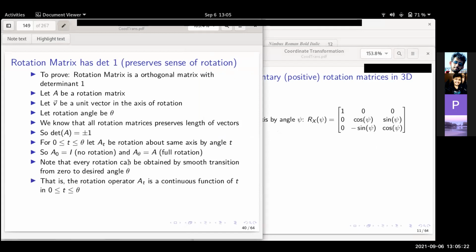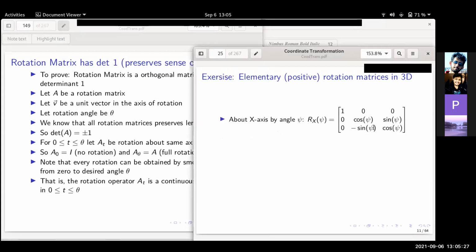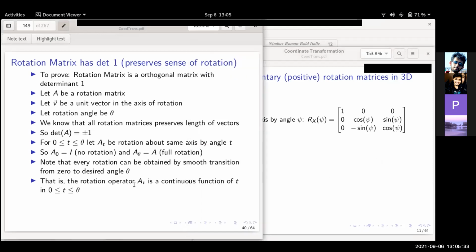So what does this mean? If you consider each of the matrices in between when you are doing this rotation, from 0 to the angle psi in this case, or in the case we are discussing, from 0 to t, every matrix A(t) is now a continuous function.